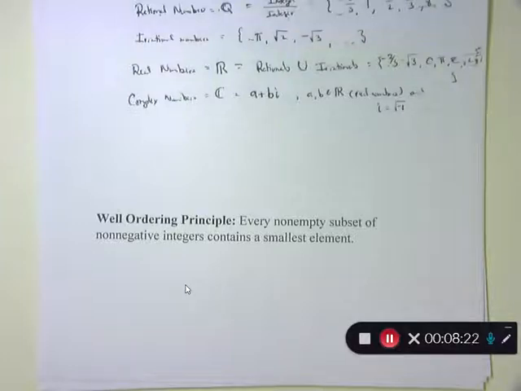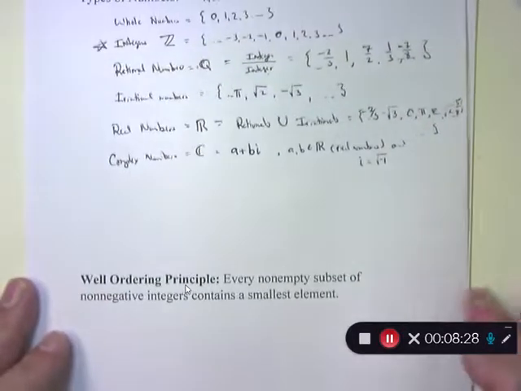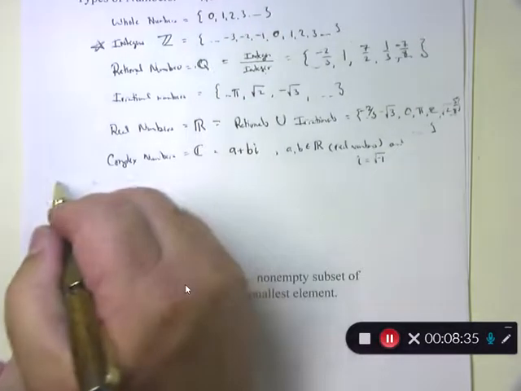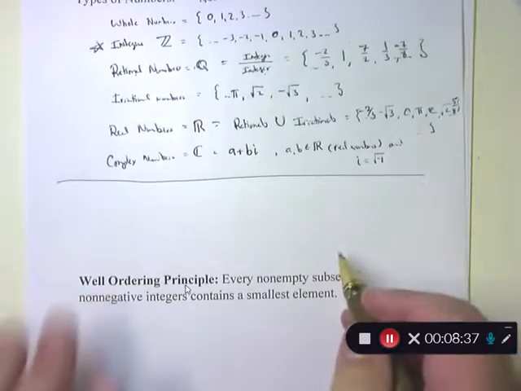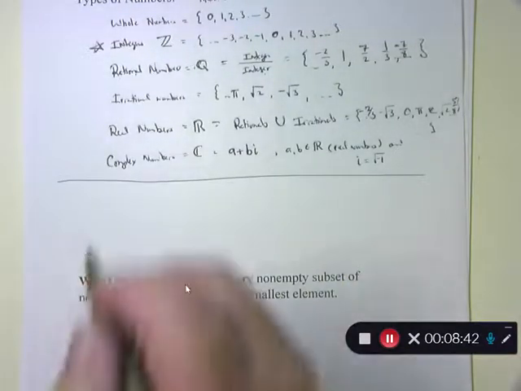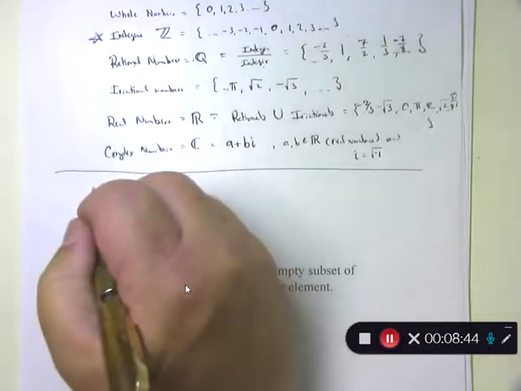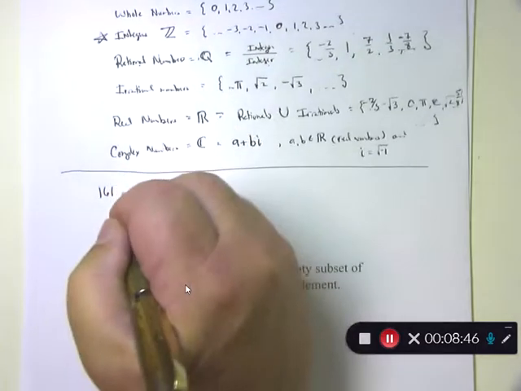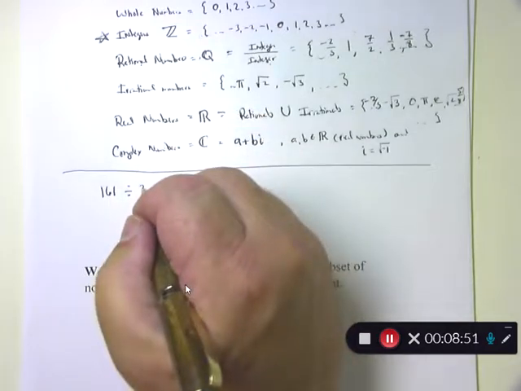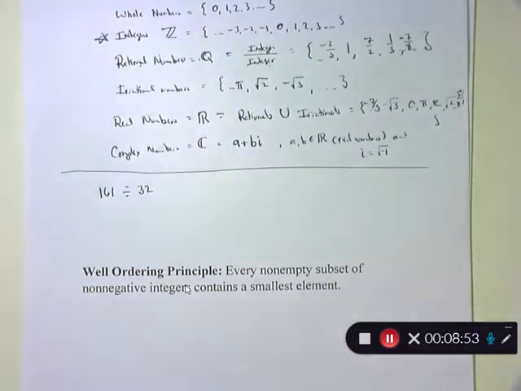Now, some of the other things that we're going to be focusing on, again with this concept of division, is actually dividing. So how do you actually end up dividing? Let me give you an example. Let's talk about dividing for a second. I'll put my little page over here. If I take 161 and I divide that, using the old symbol notation, by 32, what's my answer going to be?